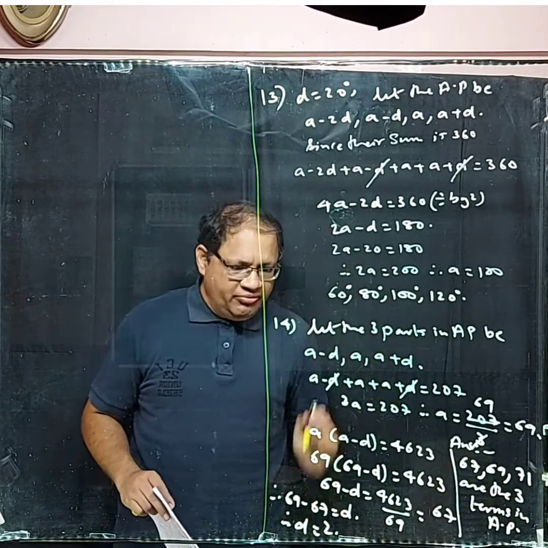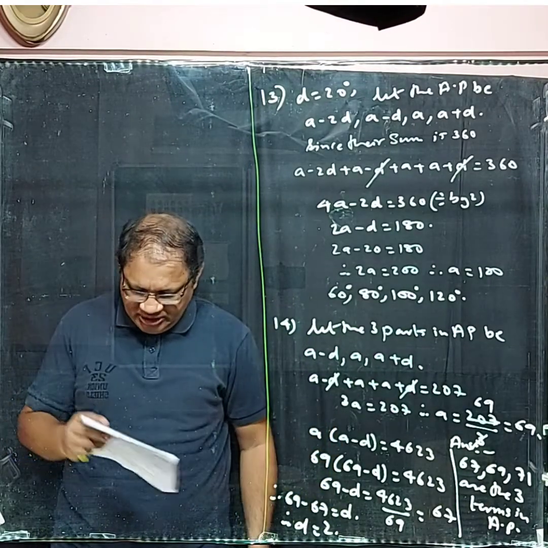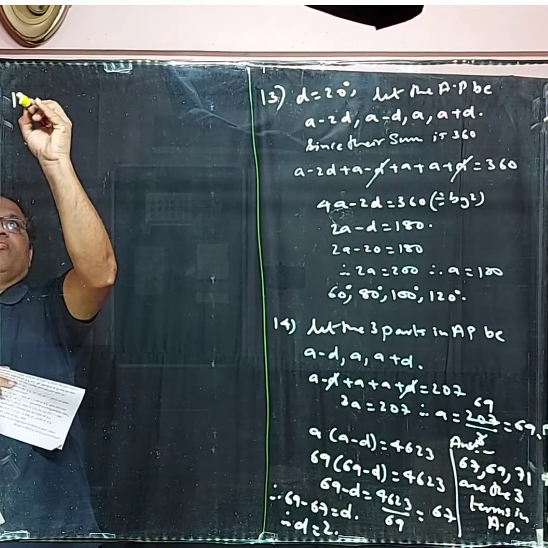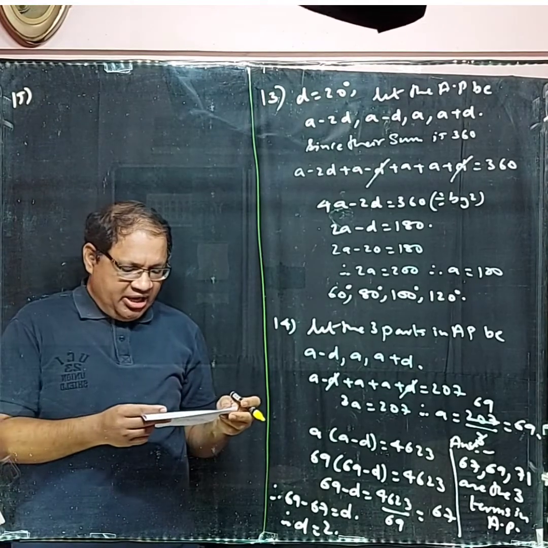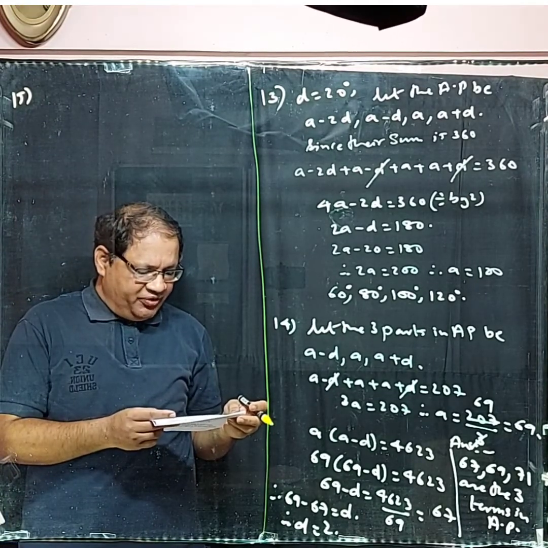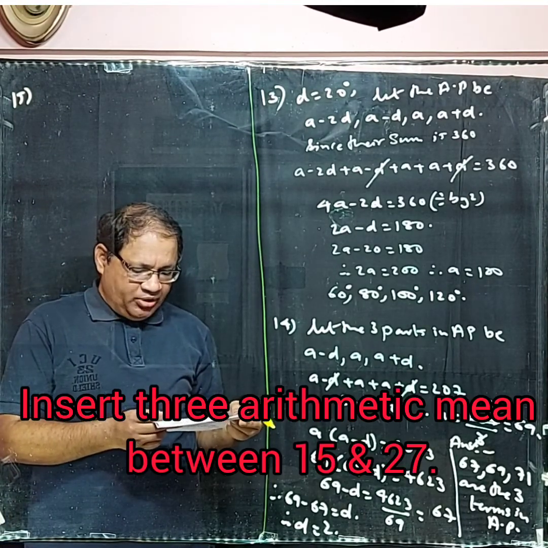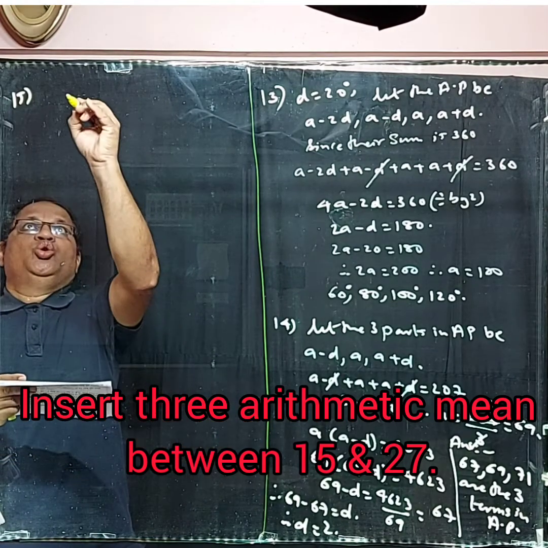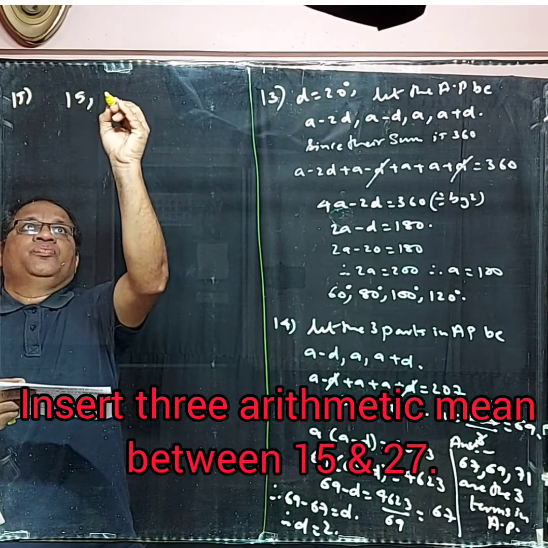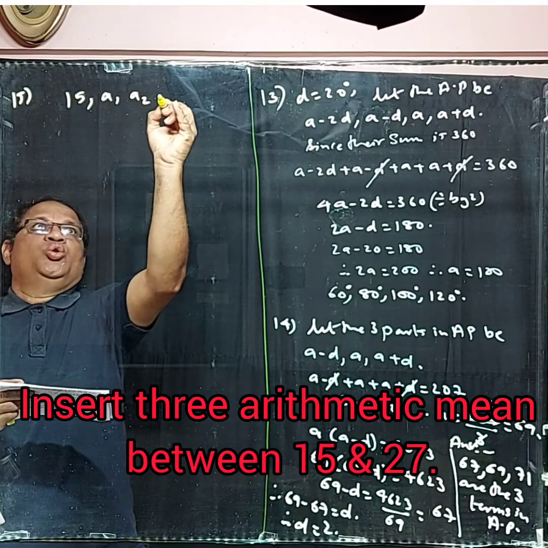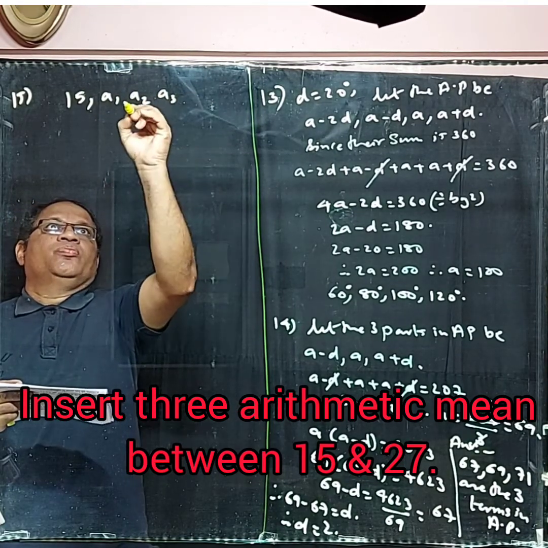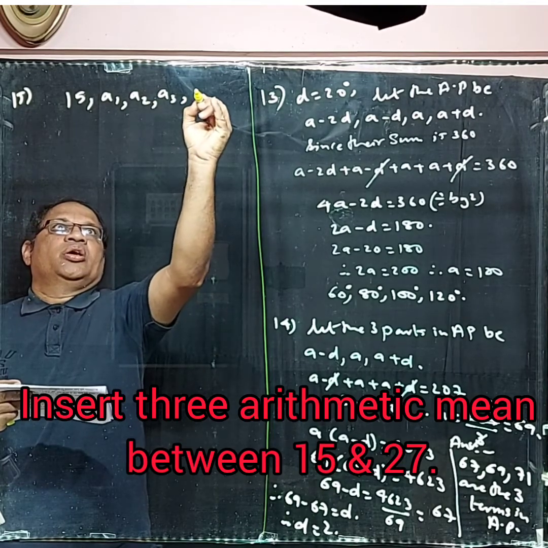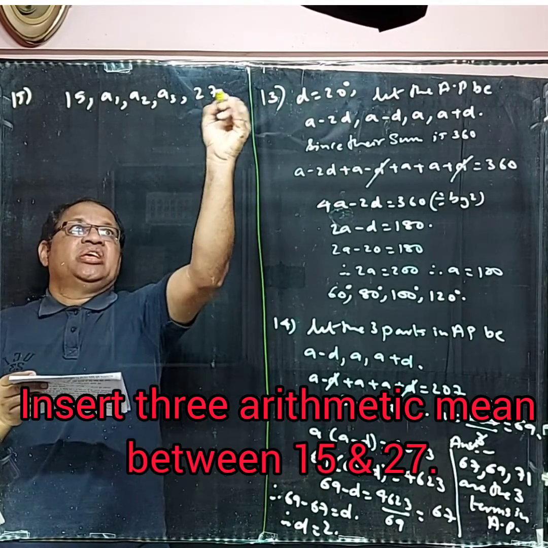Alright. Now we solve the 14th sum. Now we start with the 15th sum. Insert 3 arithmetic means between 15 and 27. So 3 terms between 15 and 27. Just see how to do. 15, A1, A2, A3 and 27.